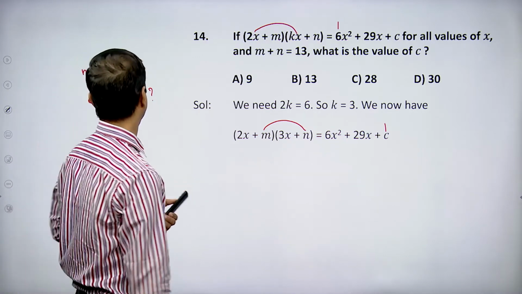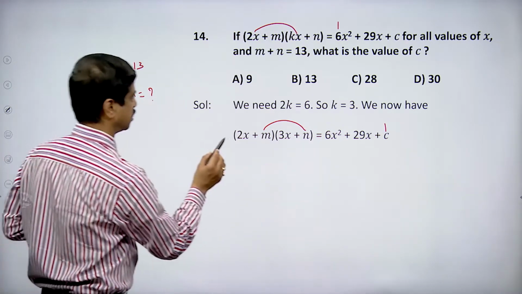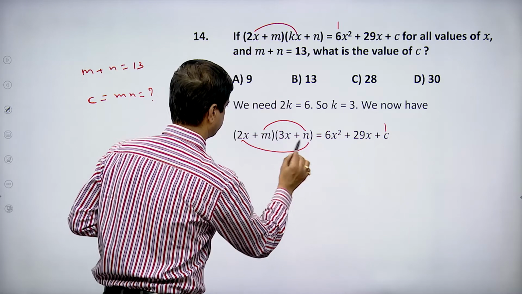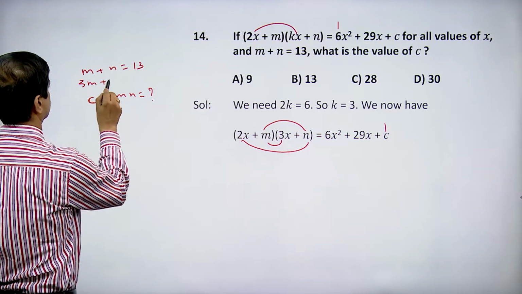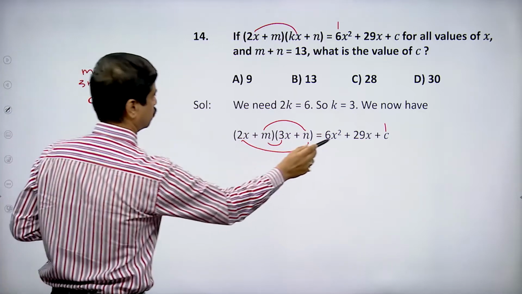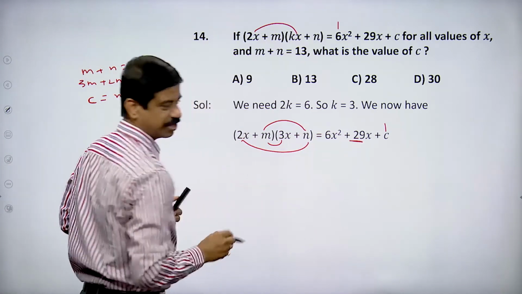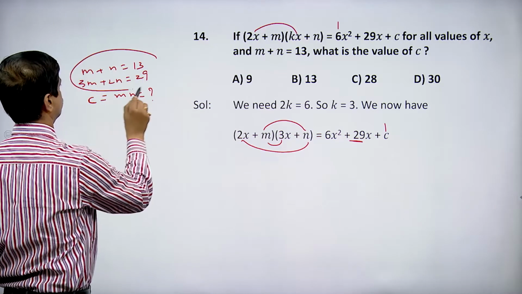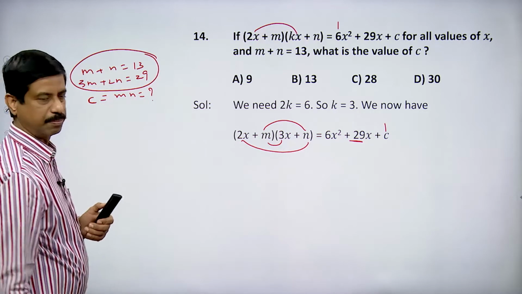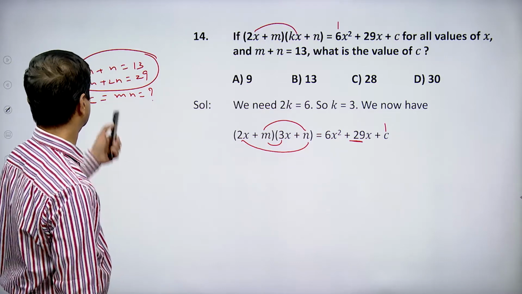Now what is that? m plus n equal 13 is one thing. 2n plus 3m equal to, what is that? x coefficient 29. So we should find out mn from there. So solve them.